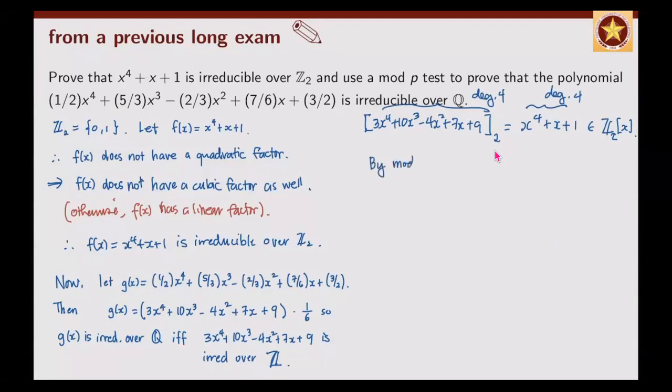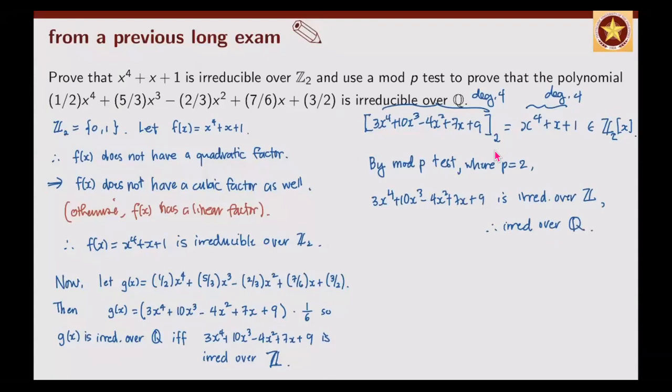By the mod p test where p is 2, what is the conclusion? 3x to the 4th plus 10x cubed minus 4x squared plus 7x plus 9 is irreducible over Z, therefore irreducible over Q. Remember, last meeting, when you are irreducible over Z, automatically you are irreducible over Q. Therefore, g of x, the original polynomial, is irreducible over Q. So, that's it.